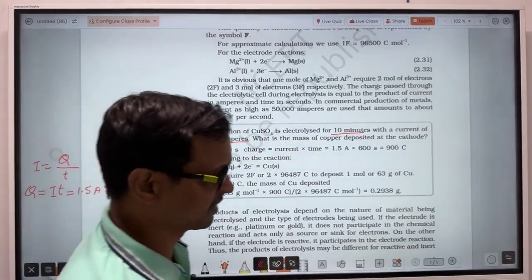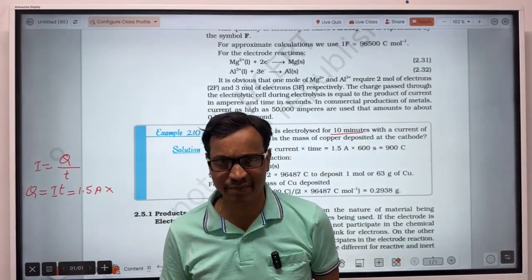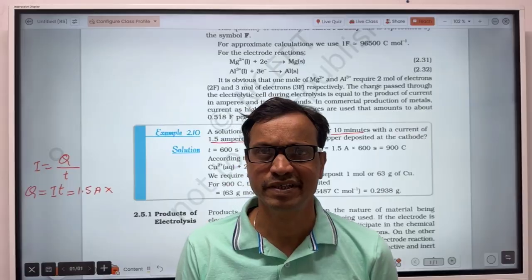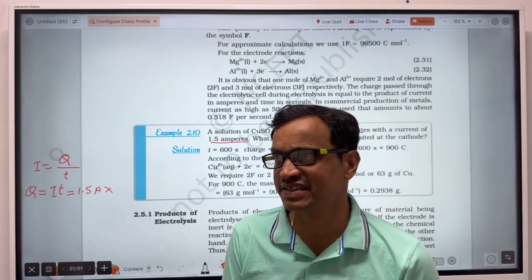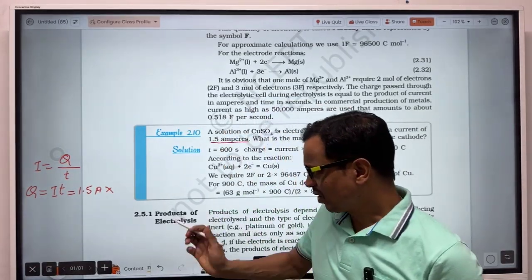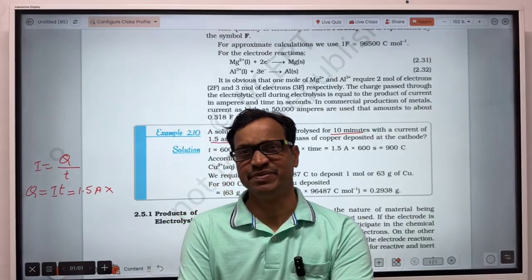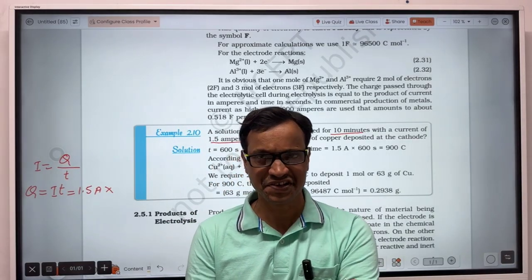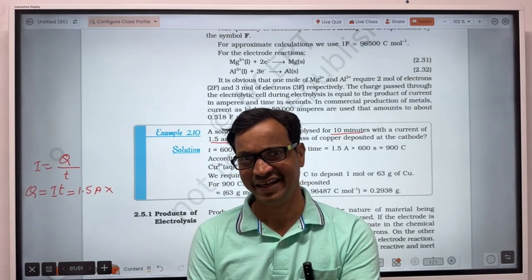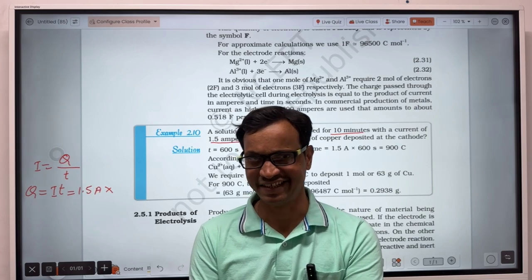Time here is in minutes, so you have to convert this time to seconds, because the unit of current will be ampere when charge is in coulomb and time is in second.